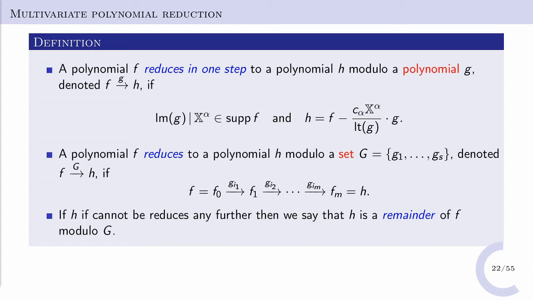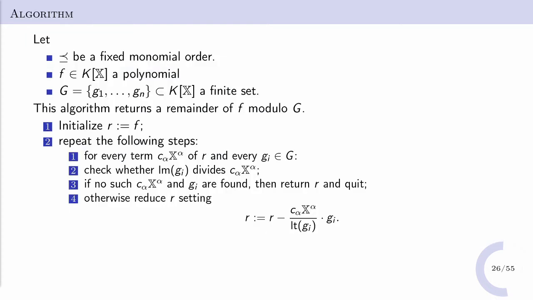on. If after finitely many steps, starting from f, we arrive at h, we say that f reduces to h modulo the set G. And if this polynomial h cannot be reduced any further, then we say that it is a remainder of f modulo the set G. So the algorithm for computing the remainder of a polynomial is quite straightforward, and if you look at it, it closely resembles the algorithm for dividing a univariate polynomial with a remainder.